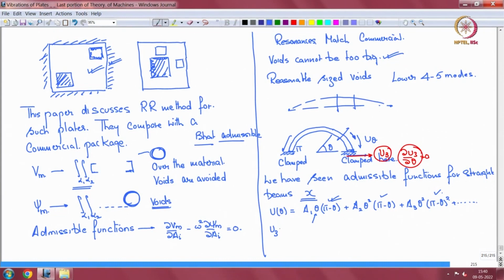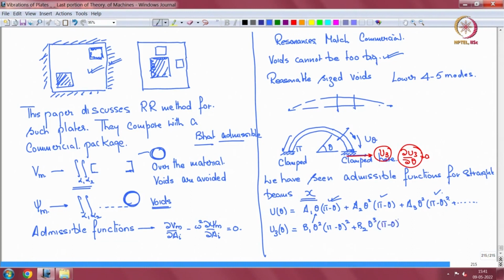So you need a function that is slightly higher order to satisfy this. So for u3 we start with b1 theta square pi minus theta whole squared, plus B2 theta cube.